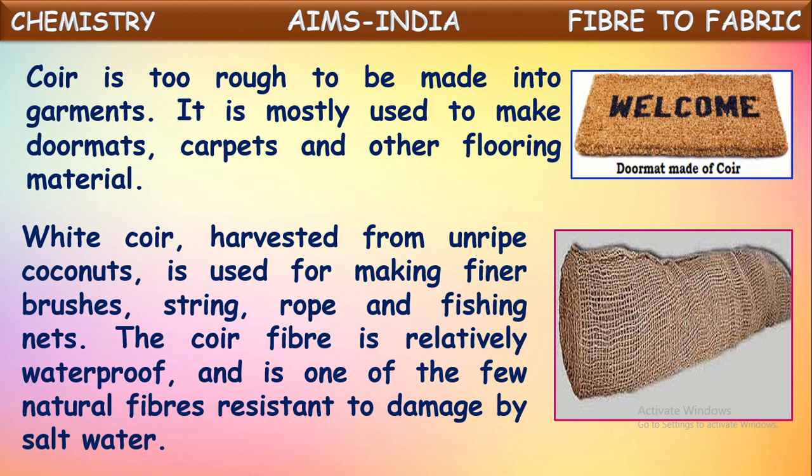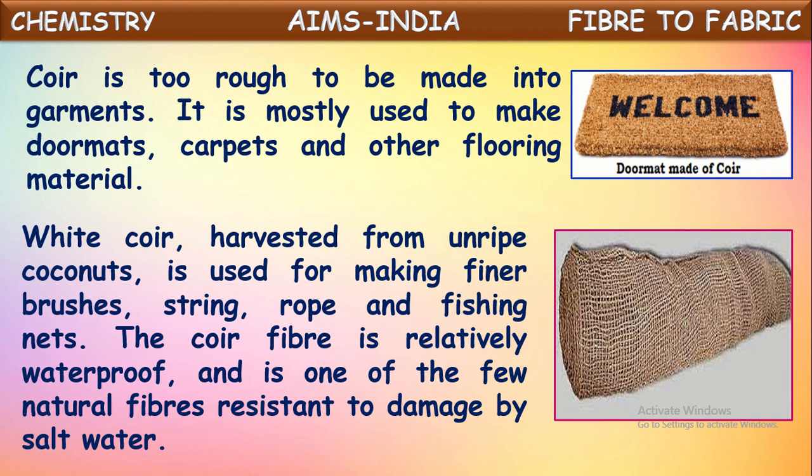One of the advantages of coconut coir is that the fiber is relatively waterproof, meaning it won't absorb much water, and it is one of the few natural fibers which are resistant to damage by salt water. That's why sailing boat ropes are mostly made with this coconut coir, because it is water resistant and resistant to damage by salt water.